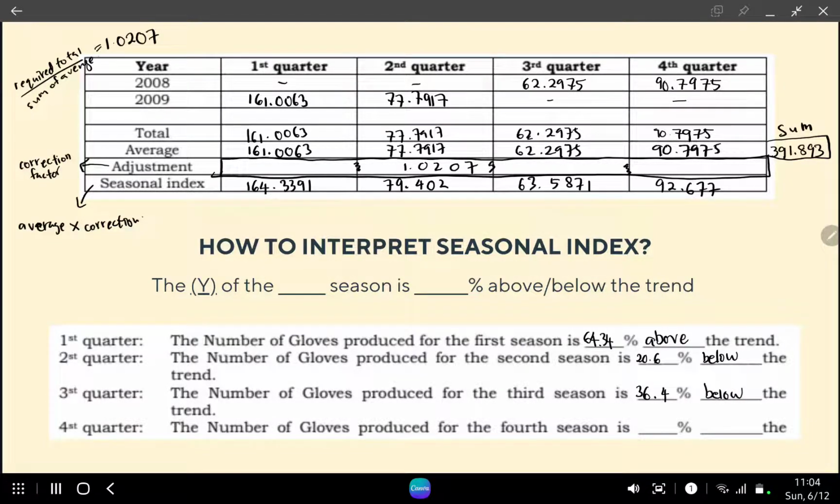And the fourth quarter is also below the trend because the value is less than 100. So how many percent? 100 subtract 92.677, so here we have 7.323% below the trend.